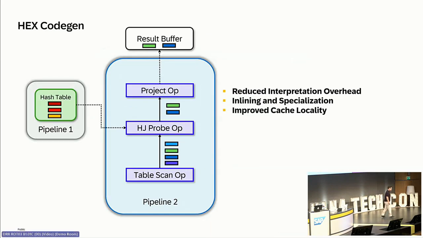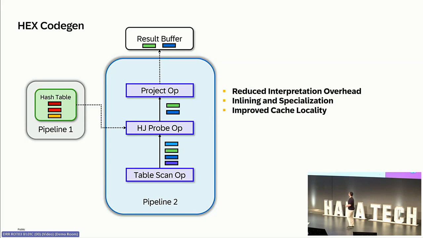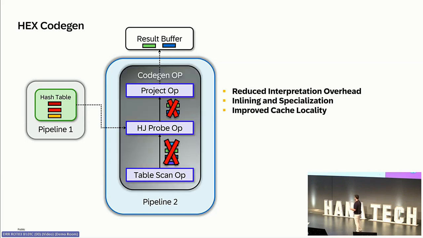Now you might ask, this pushing around of chunks and data and materializing them, isn't that expensive? And yes, you are right. And that's also one of the reasons why we use code generation, because code generation allows us to avoid this pushing of data and this materialization of data between the operators. So what we try to do with code generation is to fuse several operators together.